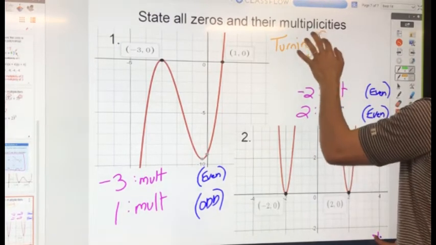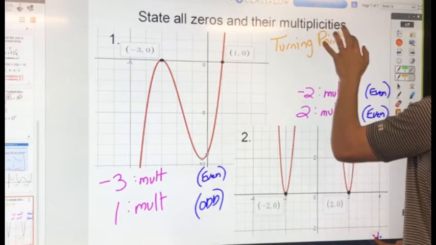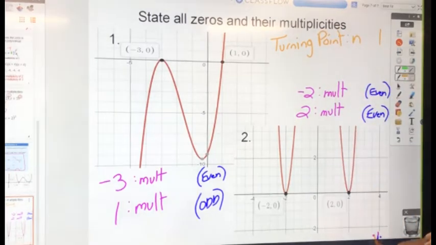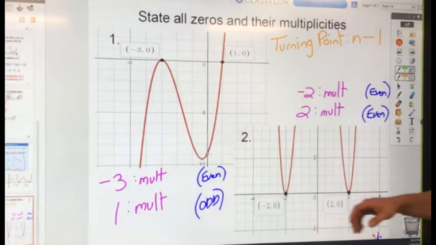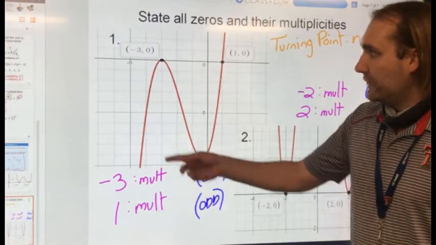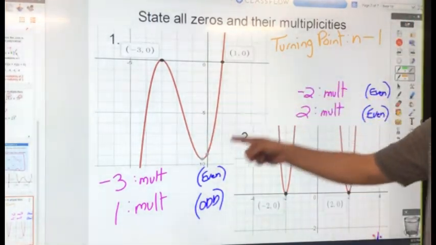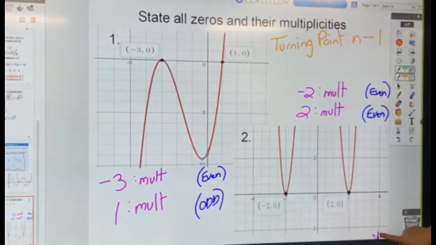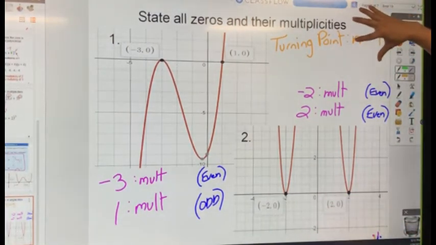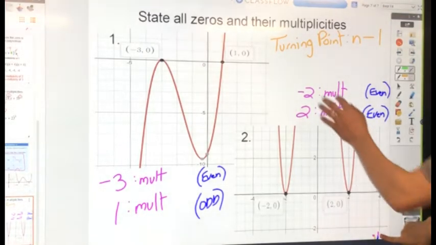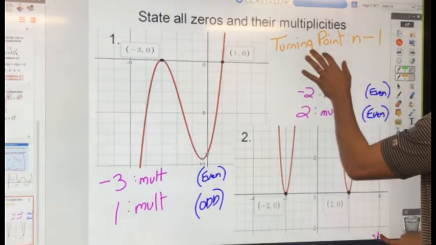Turning points equals n minus 1, very good. Now, say you don't know what n is, but you can see it has how many turning points? 2. So I'm going to assume, remember this is just the most number of turning points, that the most number of turning points this polynomial can have is 2.